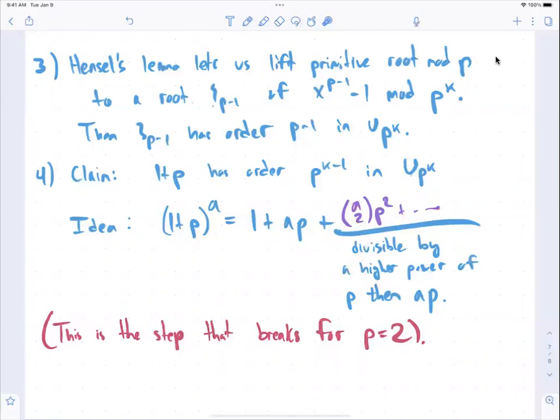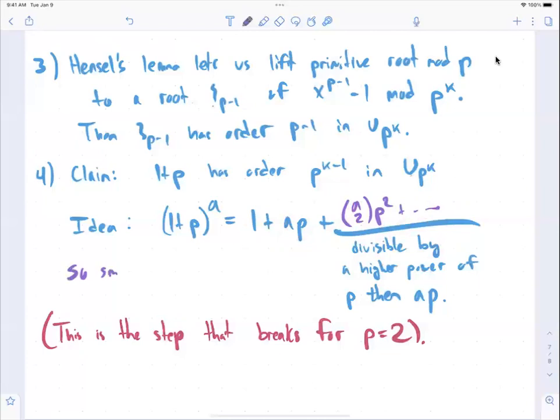So 1 plus p to the a, if you work it out, is just 1 plus a times p plus something divisible by a higher power of p. And then you're just asking what's the smallest power a such that this is 0 mod p to the k. Well, since this is always divisible by a higher power, the smallest a is going to be when a is p to the k minus 1.